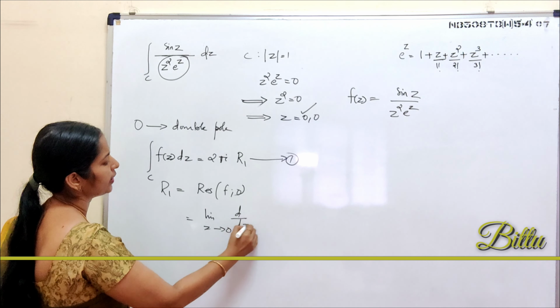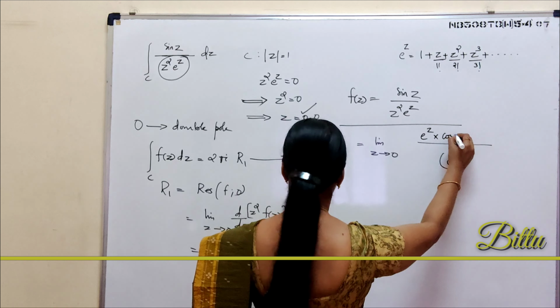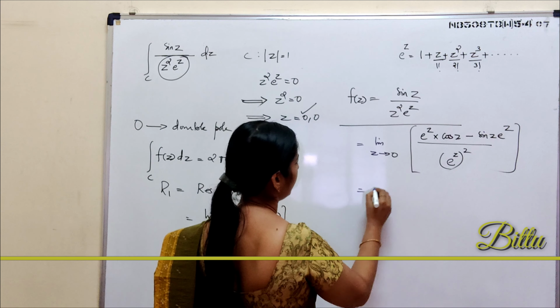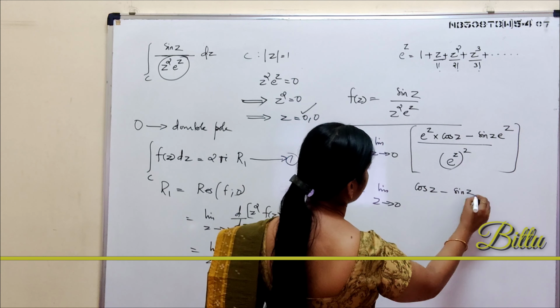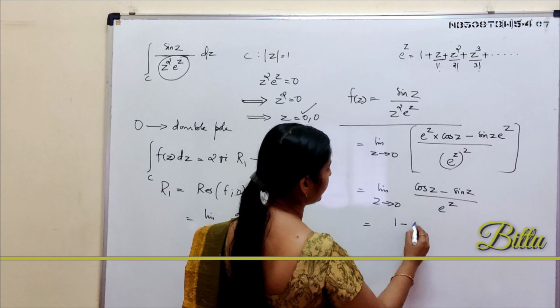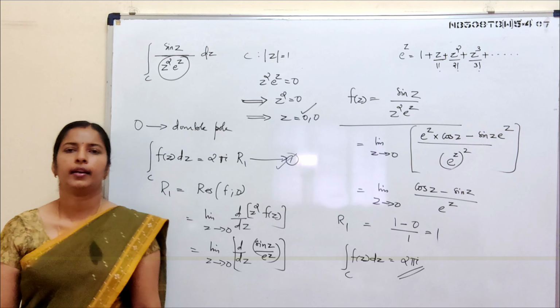Limit z tends to 0, denominator square, e raised to z the whole square, e raised to z into cos z minus sin z into e raised to z. Limit z tends to 0, cos z minus sin z by e raised to z. You put z equal to 0, 1 minus 0 by 1. So residue is 1. You put in equation number 1, we have integral over C f z dz is 2 pi i into 1, that is 2 pi.